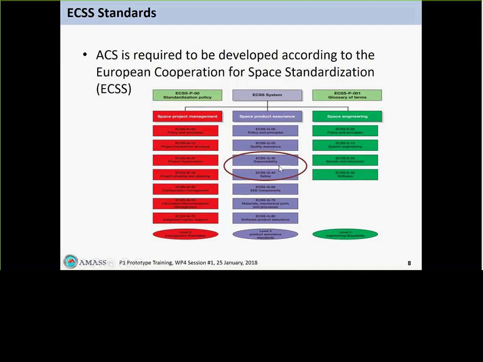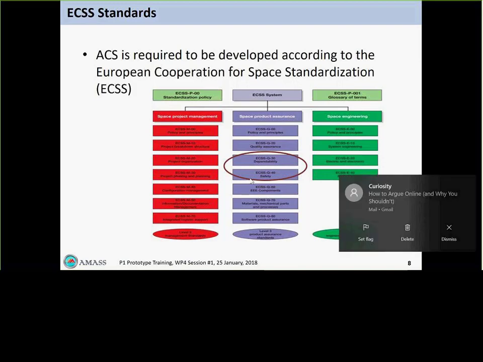The first one is ECSS Q30 and the second one ECSS Q40. The first, the dependability document, is mainly focused on the reliability of the system, and then the second document is explicitly targeting safety.